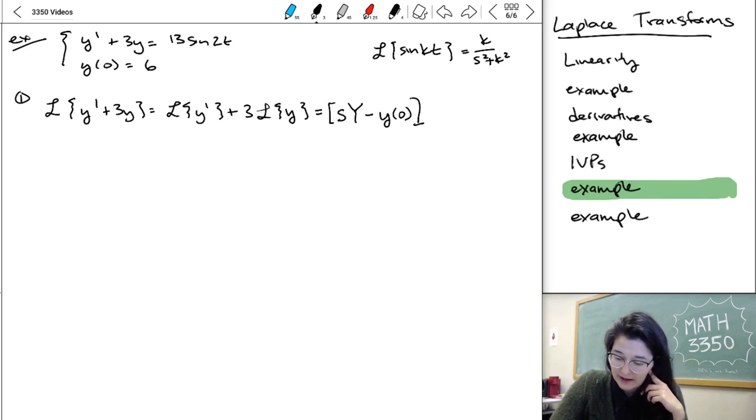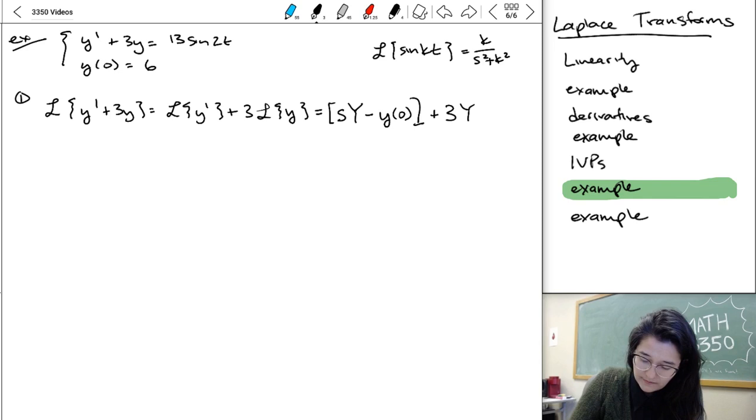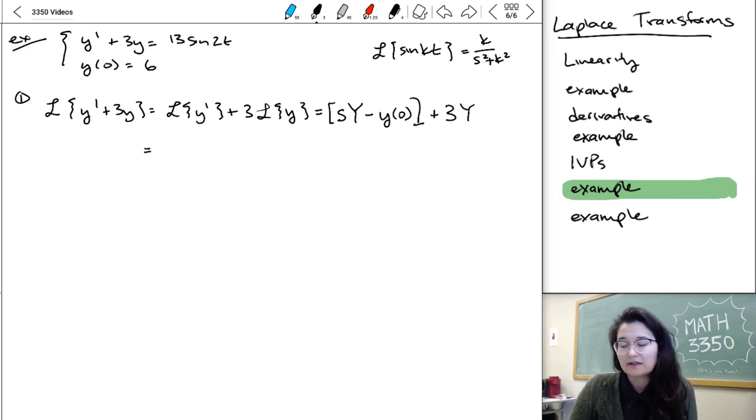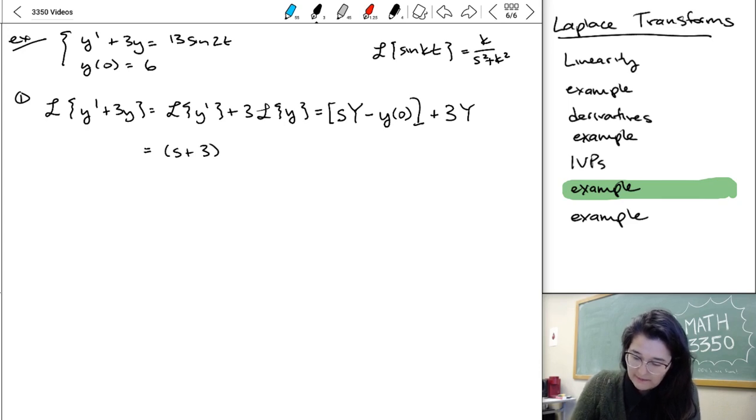And then for my next term, I've got plus 3, and then L of little y is capital Y, so I don't really have to do anything special there. I know eventually I'm going to have to solve for capital Y, so I'm going to rearrange this. There's s times Y and 3 times Y, so I'm just grouping those together. And then I have minus y(0).